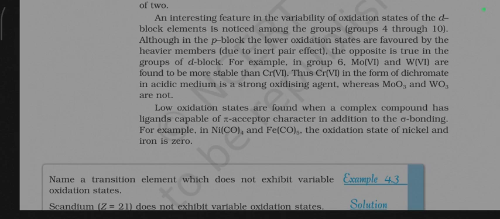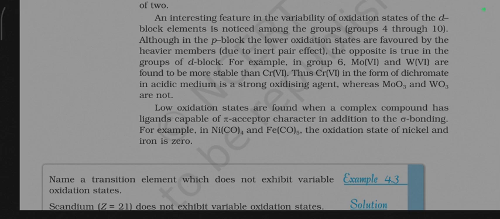Although in the p block the lower oxidation states are favored by the heavier members due to the inert pair effect, the opposite is true in the groups of the d block. For example, in group 6, Mo(VI) and W(VI) are found to be more stable than Cr(VI). Thus, Cr(VI) in the form of dichromate in acidic medium is a strong oxidizing agent, whereas MoO3 and WO3 are not.